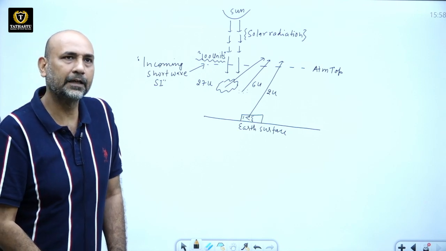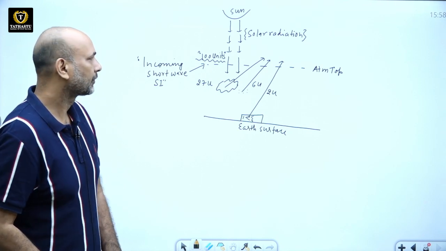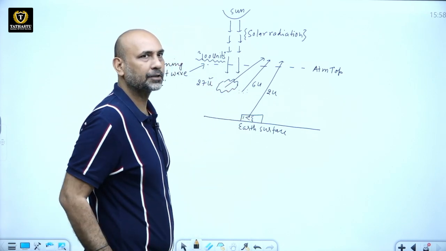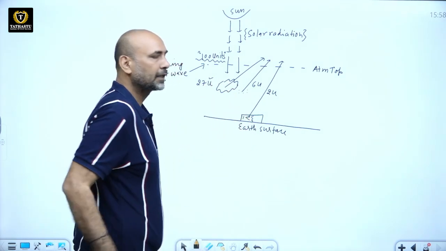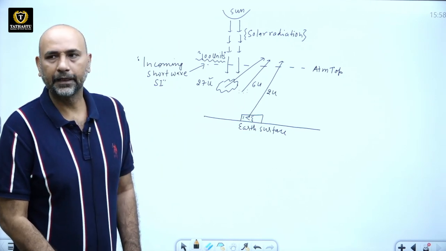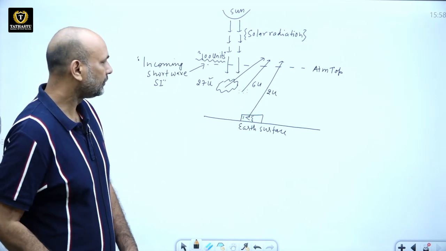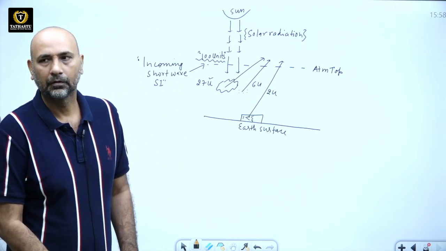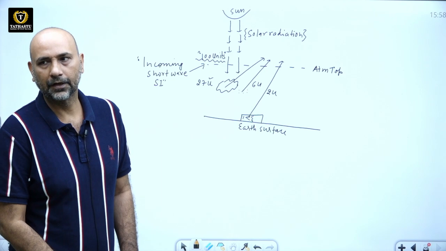These are reflected back to outer space. So 27 units are reflected by clouds, 6 units by dust and suspended particulates in the atmosphere, and 2 units by ice caps and glaciers on the surface of Earth.